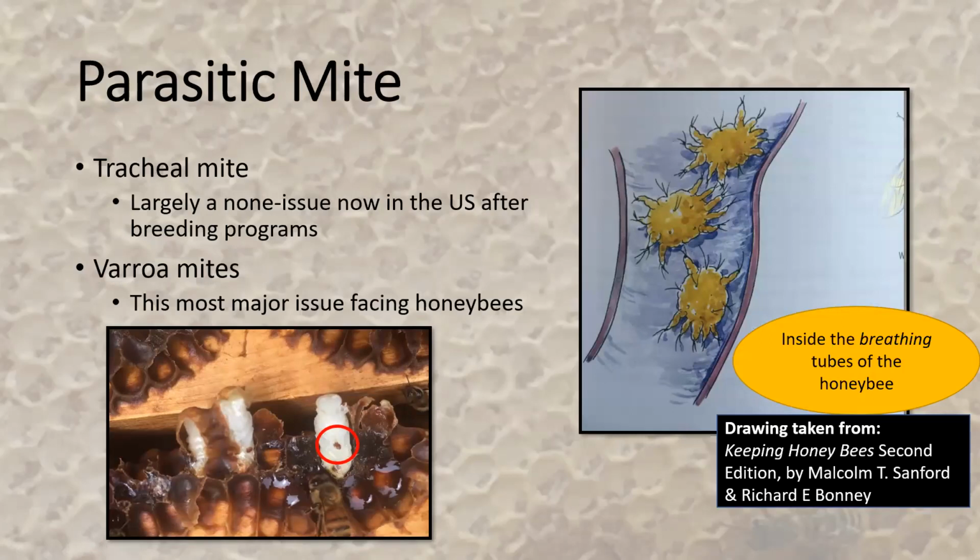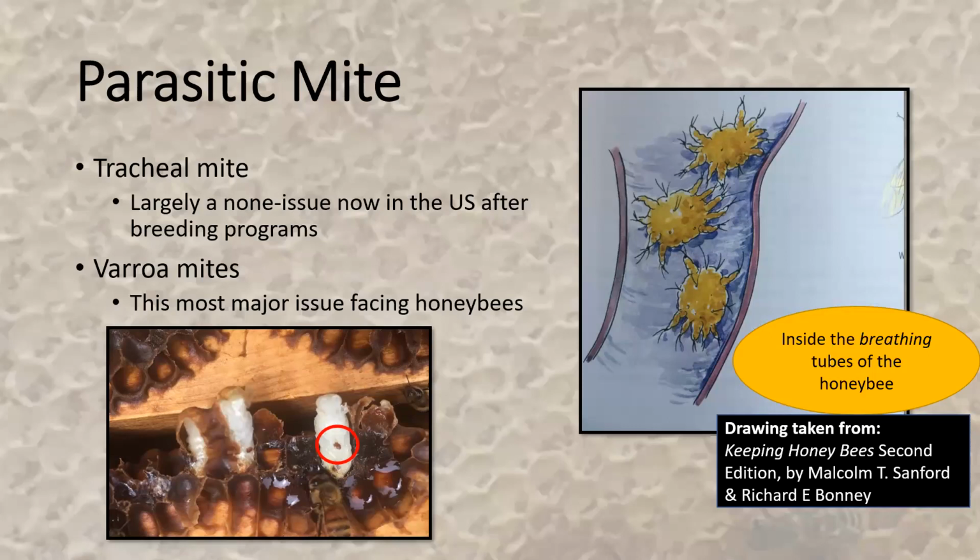They're largely a non-issue in the United States as breeders have been able to breed in resilience and resistance to these mites. They hide inside of the breathing tubes of adults and then make winter survival hard to happen.